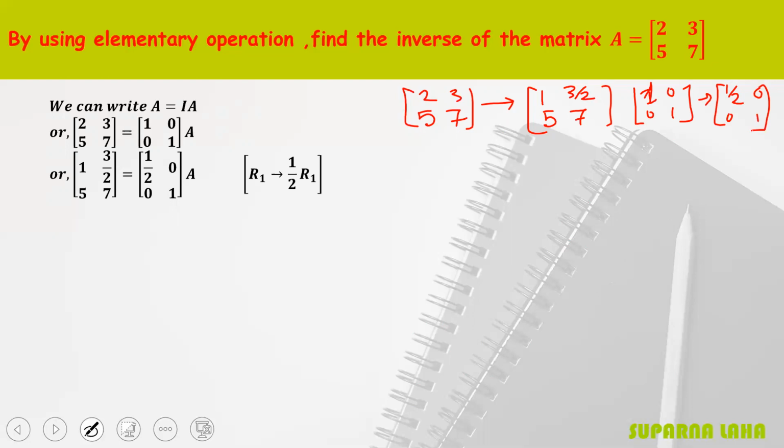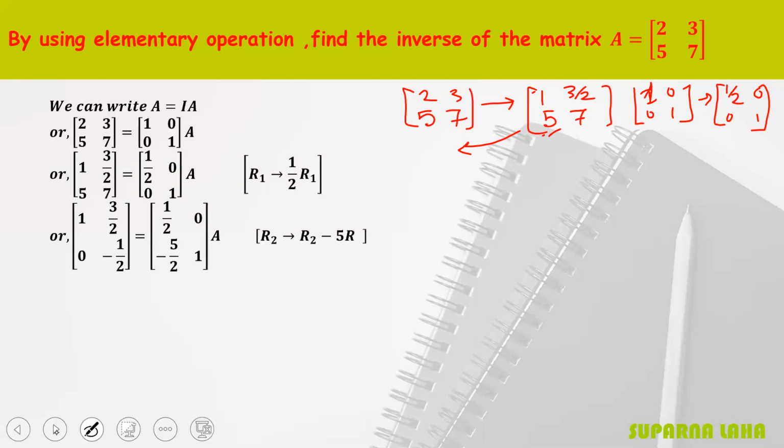Now the next operation. Our aim is to make this element 5 into 0. So I have to multiply row 1 by 5, then subtract from row 2. This operation you can use. The first row remains unchanged.